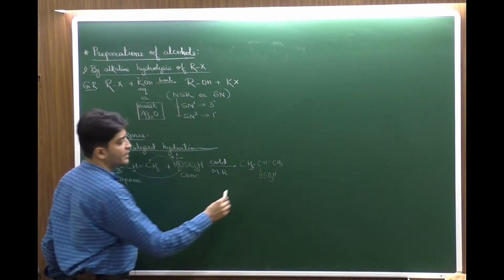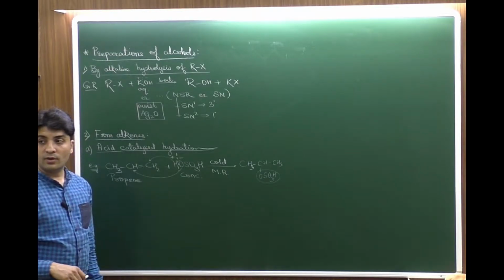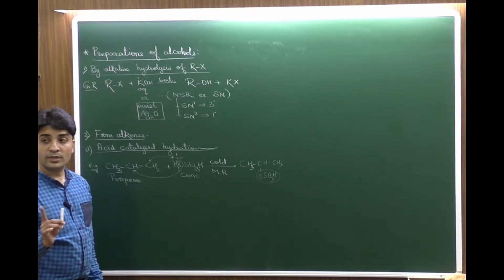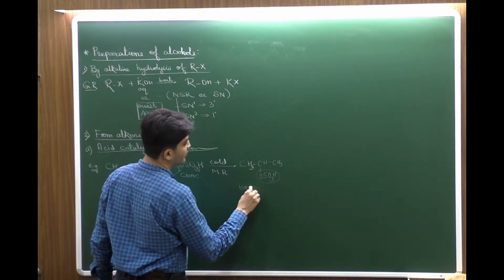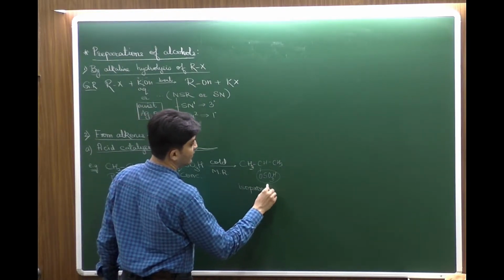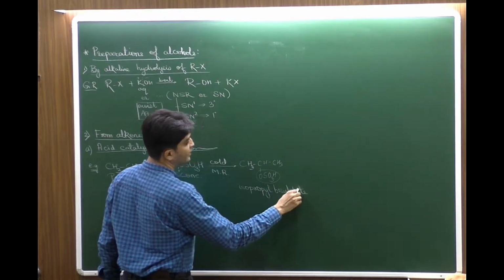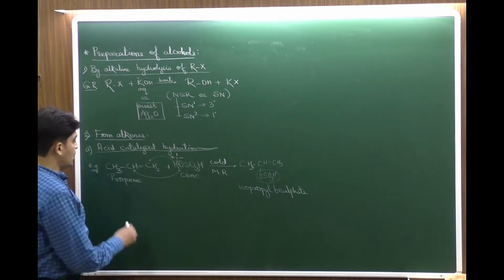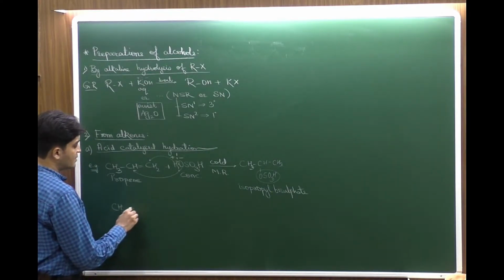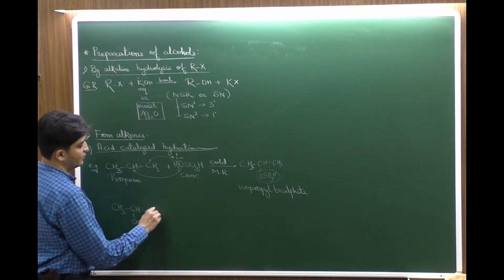Now the OSO3H combined could be written as HSO4. HSO4 is called bisulfate or hydrogen sulfate, and the alkyl which is bonded to it is called isopropyl. Hence the name of the compound is isopropyl hydrogen sulfate or simply bisulfate. Now these bisulfates are crystalline compounds which can be hydrated with water.